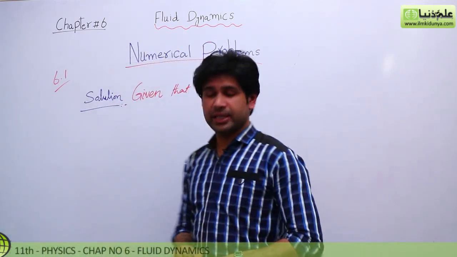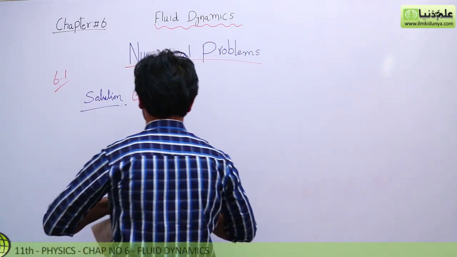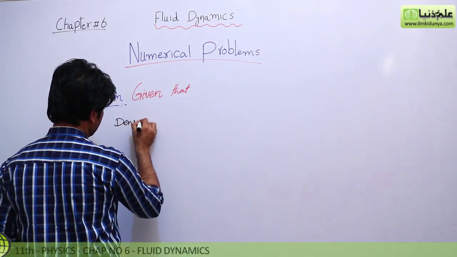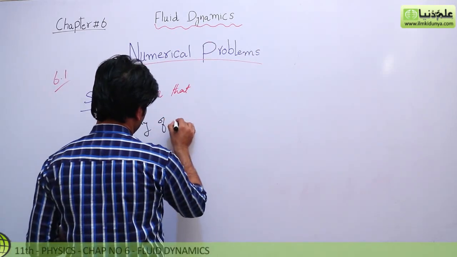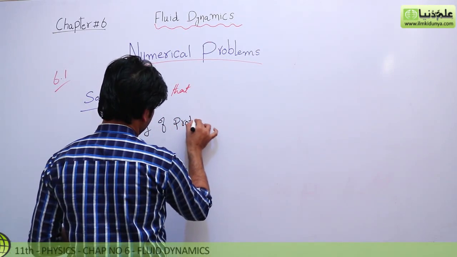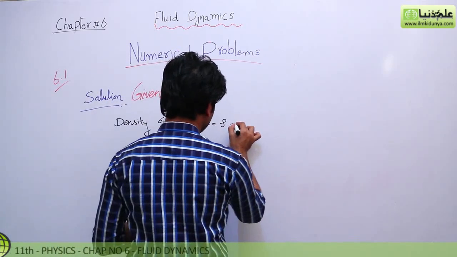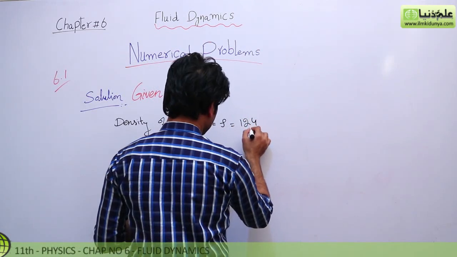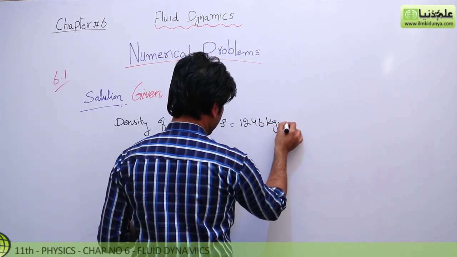First we will write the given data. Given data: we have the density of the protein molecule, which we mention as rho, 1246 kilogram per meter cube.